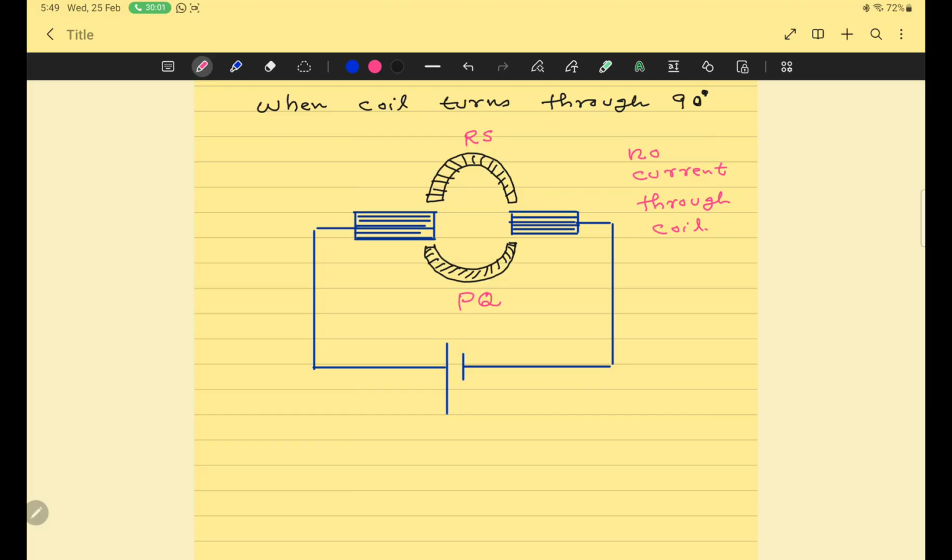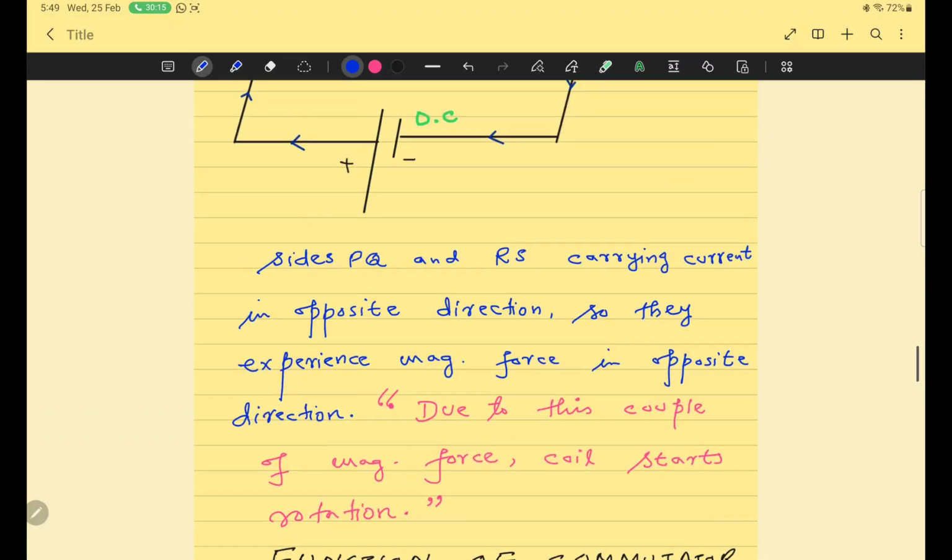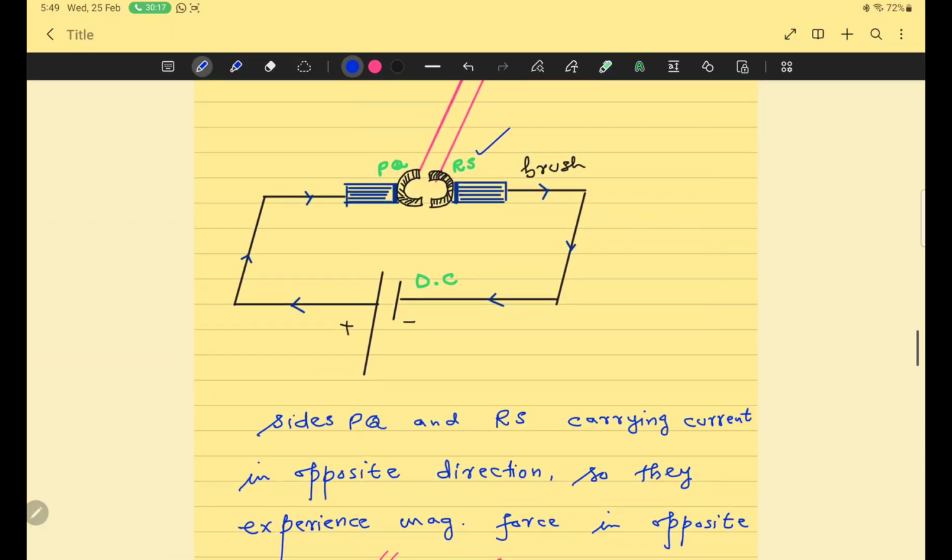But due to inertia, the coil with commutator continues its motion. And when it further rotates 90 degrees, side RS will be on the left-hand side.